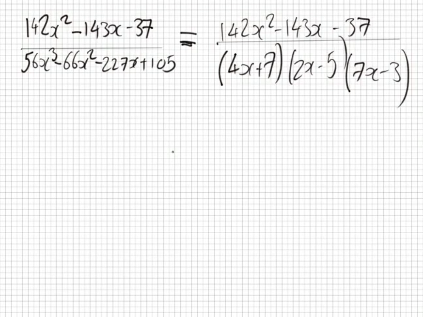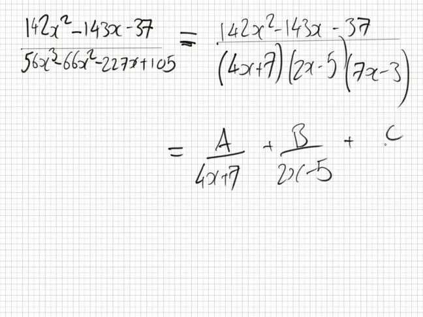So next we suppose that this is equal to A over 4x plus 7, plus B over 2x minus 5, plus C over 7x minus 3.